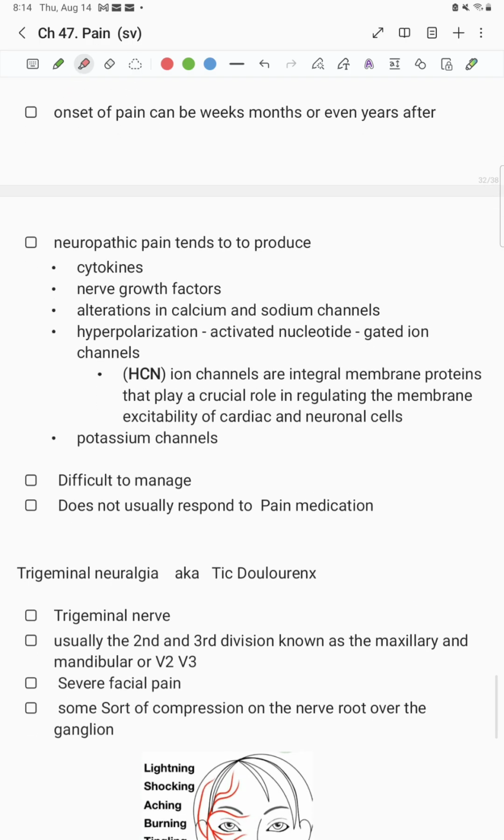Neuropathic pain tends to produce cytokines, nerve growth factors, and alterations in calcium and sodium channels. This is why sometimes people are put on calcium channel blockers.